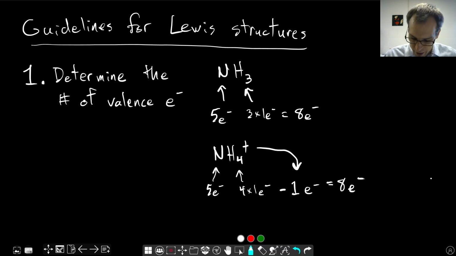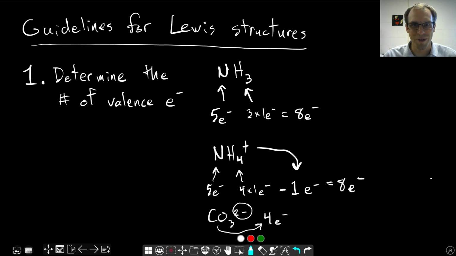And if we have an anion, say something like carbonate, CO3 2-, we would need to keep track that there are 2 extra electrons in this molecular ion. So carbon has 4 valence electrons, and if you're not sure that it has 4, go look at the periodic table and double check.